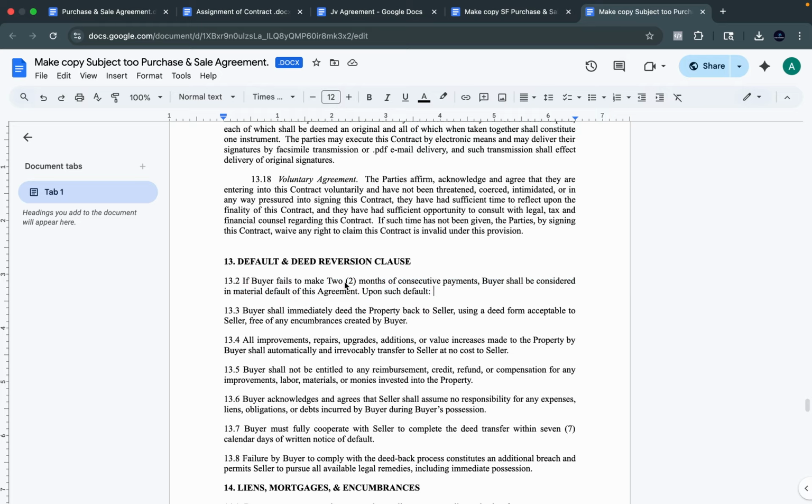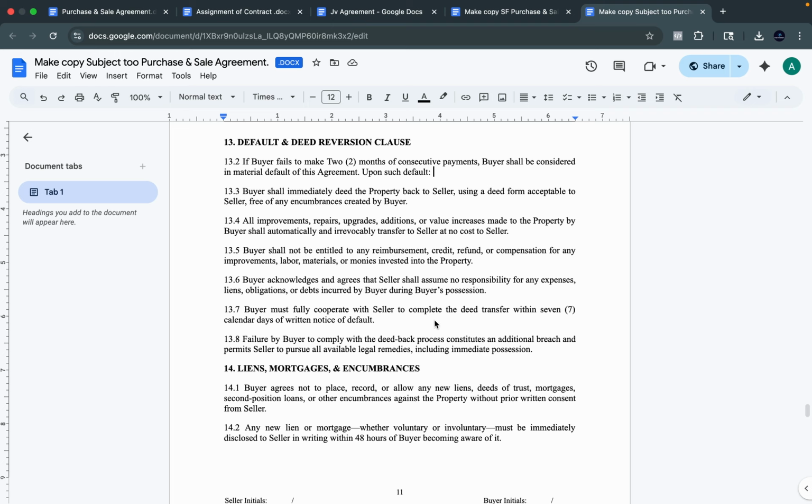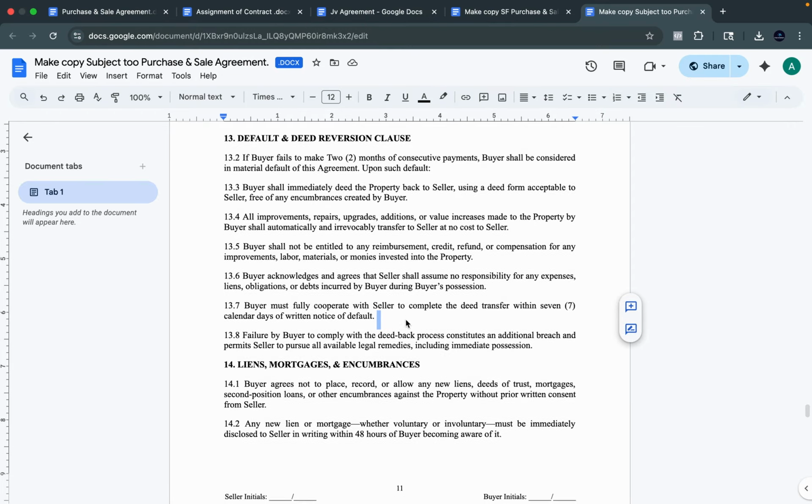In this case, this clause here, make sure it protects the seller. That way buyers make monthly payments and they're not going under pre-foreclosure with their lender, right? And if the buyer does miss payments, the property would be deeded back to the seller, and they would keep the down payment, all improvements, and reduction towards the mortgage.